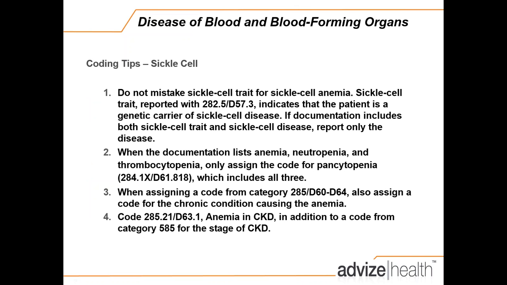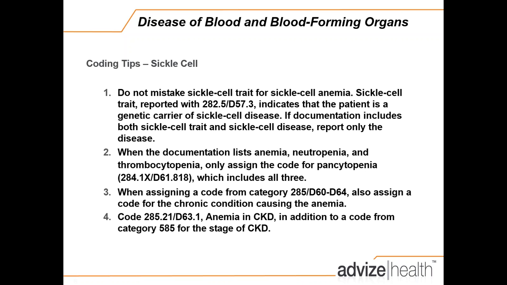Sickle cell trait, reported with D57.3, indicates that the patient is a genetic carrier of the sickle cell disease. If documentation includes sickle cell trait and the disease, report only the disease. So again, that's just common ground for making sure it's specified to the highest level of the condition for the patient.